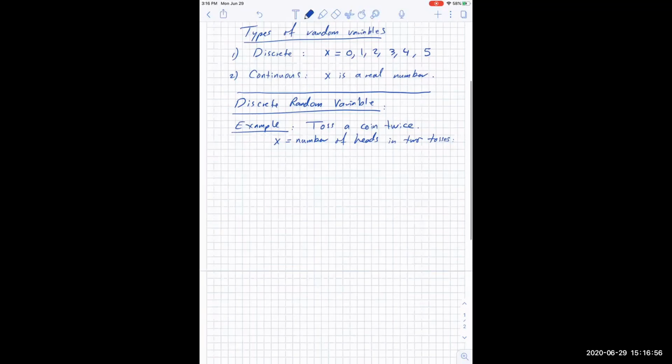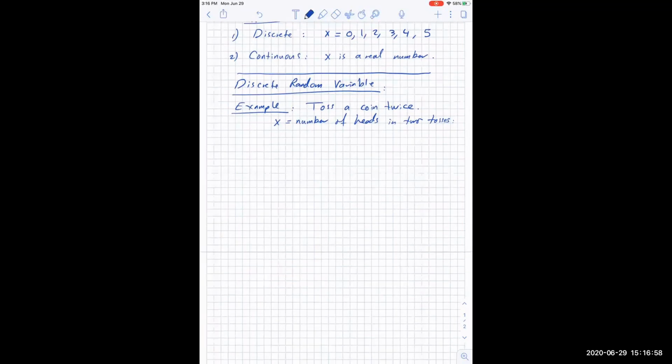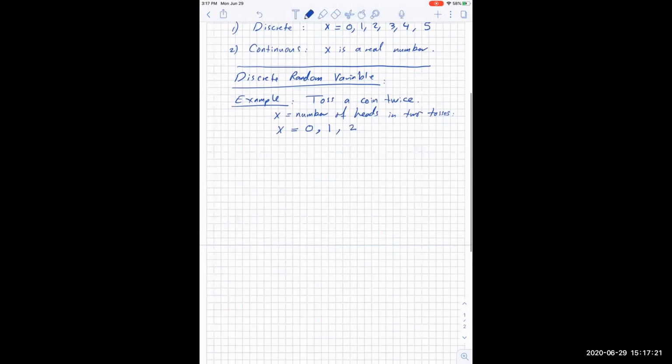Okay. So when you toss a coin twice, what are the possible values of X, which is the number of heads? What are the possible numbers of heads? Well, when you toss a coin twice, the number of heads could be 0, no heads, or could be 1 or 2. How do we know that?